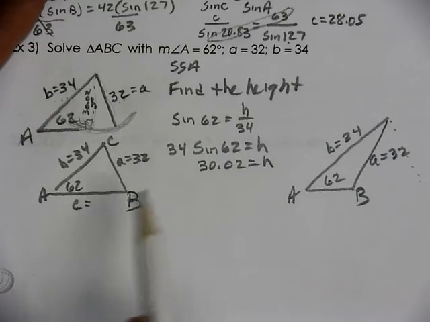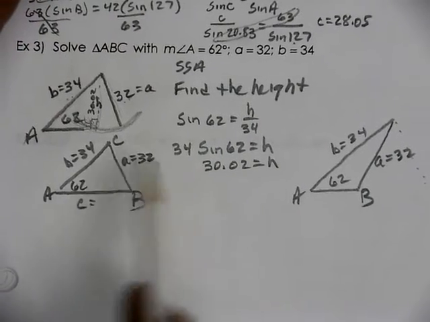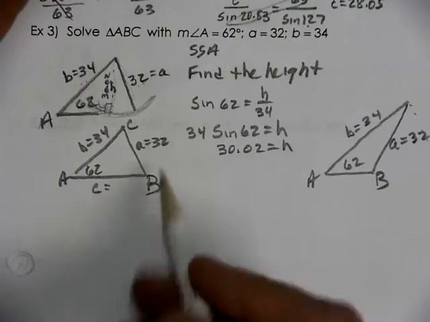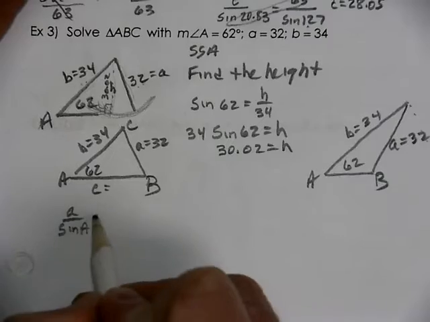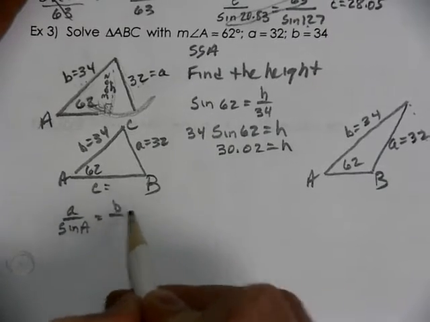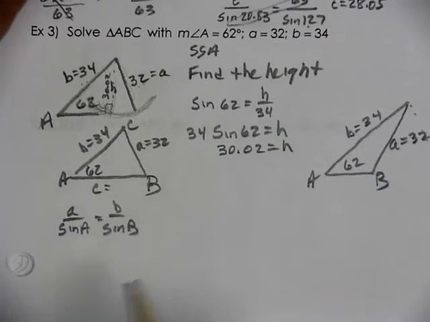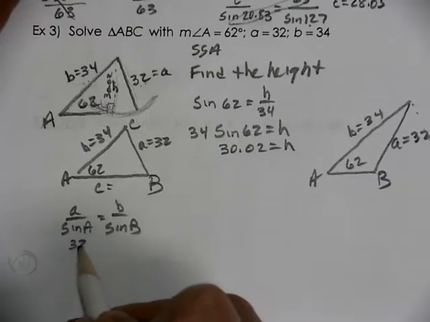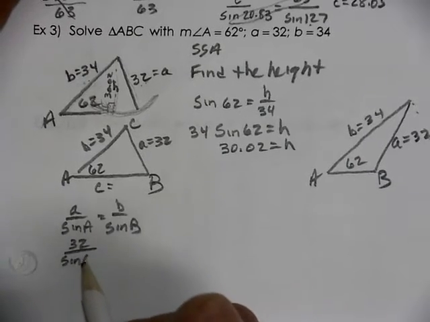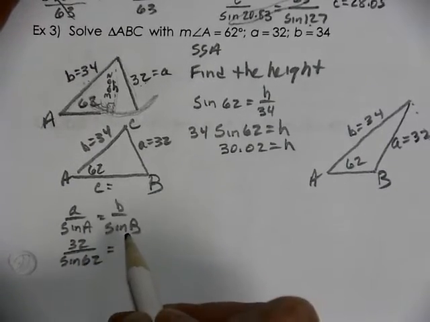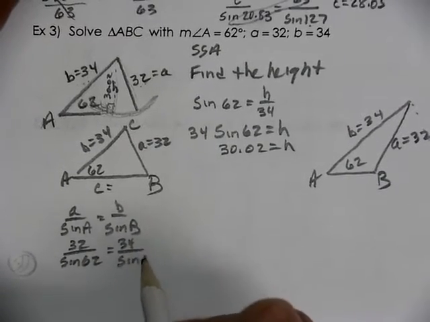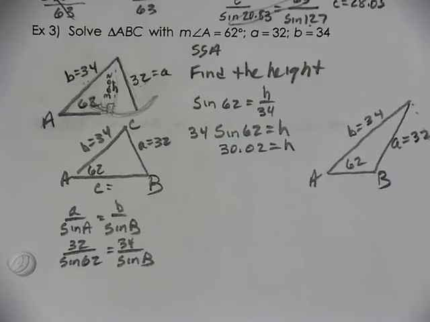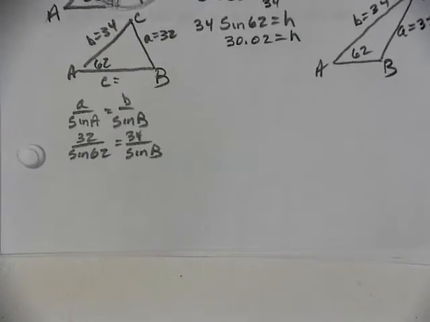Once you identify that there's two triangles, you still got to solve for all the unknown information. So we're going to use A over sine of A and B over sine of B, just like we have in the past. So 32 over the sine of 62 equals 34 over the sine of B, and that's what we're trying to find, is what this B value is.